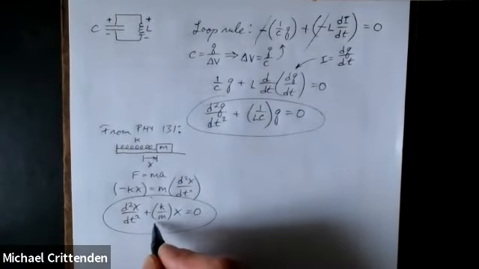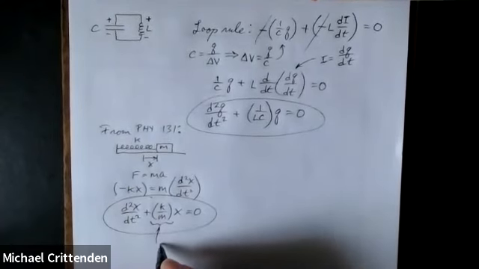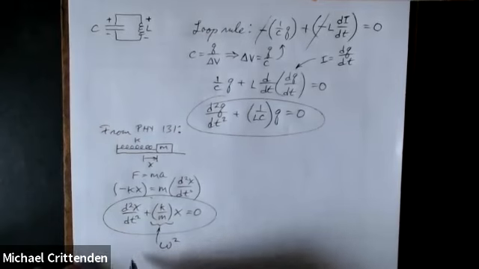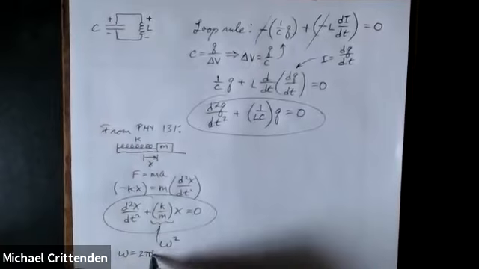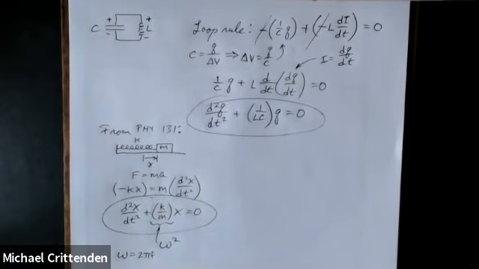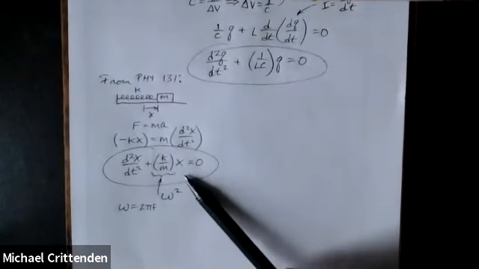Where this coefficient in front of the x term is usually set equal to omega squared, where omega turns out to be equal to 2 pi f. Omega is the frequency in radians per second. f is the frequency in cycles per second. But anyhow, it's the same equation.